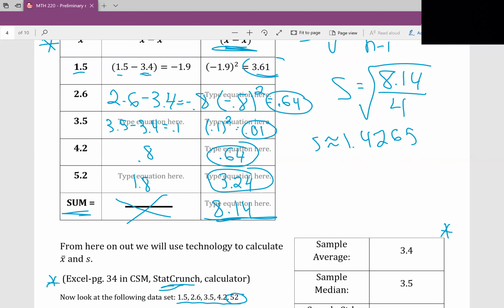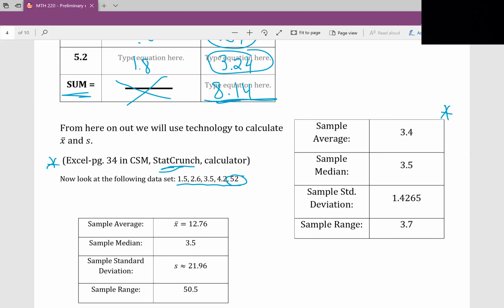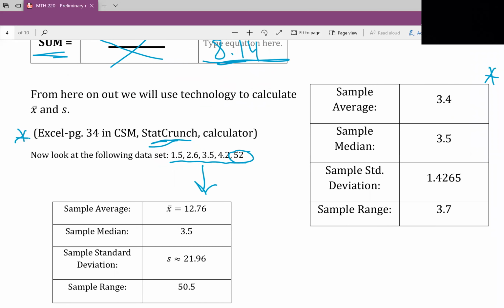Okay, now that you've calculated that, you should have gotten, for this data set, those answers: 12.76, 3.5, 21.96, and 50.5. Something to note, the reason I wanted to do this example is that 52 is what we would call an outlier.